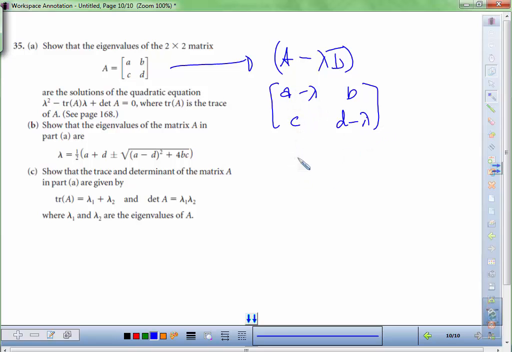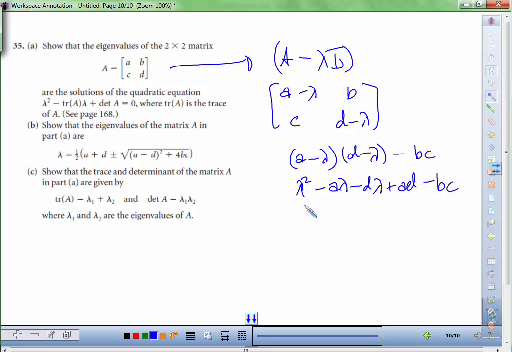So we multiply A minus lambda, D minus lambda, minus BC. And then if we FOIL this out, we're going to get lambda squared, negative A lambda minus D lambda, and then plus AD minus BC.